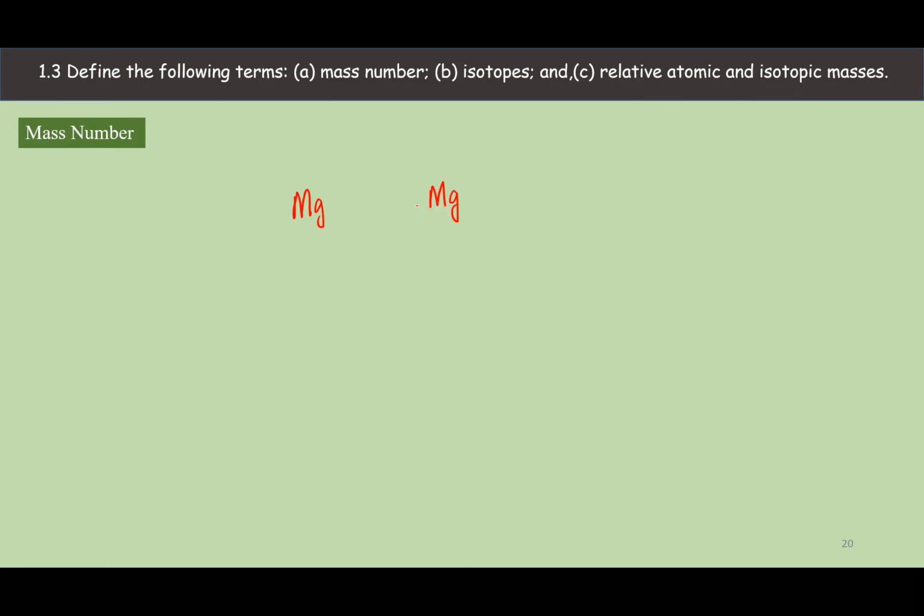In terms of protons, neutrons, and electrons, definitely, what do these two have to have in common? They must have the same what? Number of what? Sir, can you please repeat the question? I have a magnesium atom and another magnesium atom. So definitely, they must have the same number of what?